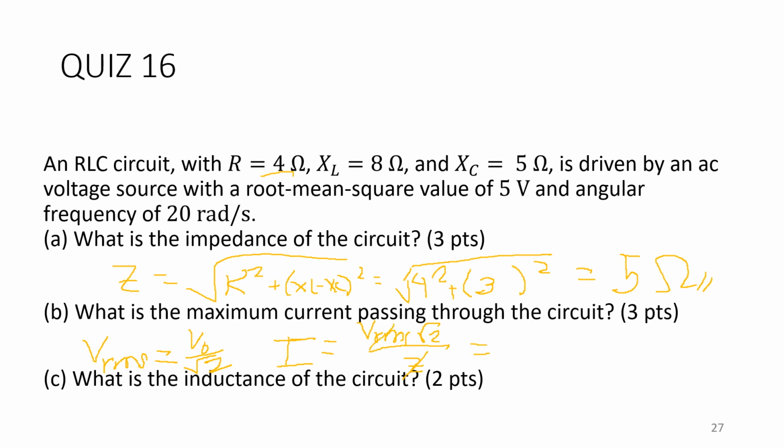So your current should be around square root of 2 amperes, or 1.4. Finally, the inductance of the circuit is calculated by just dividing XL by omega. Both of these are given, so that's 8 divided by 20. The answer should be around 0.4 henries.